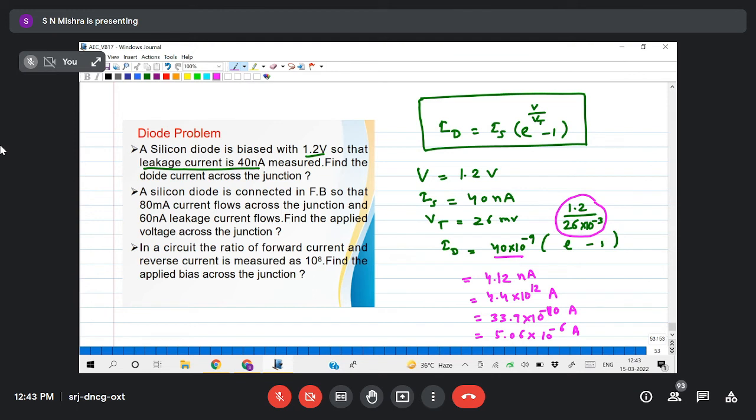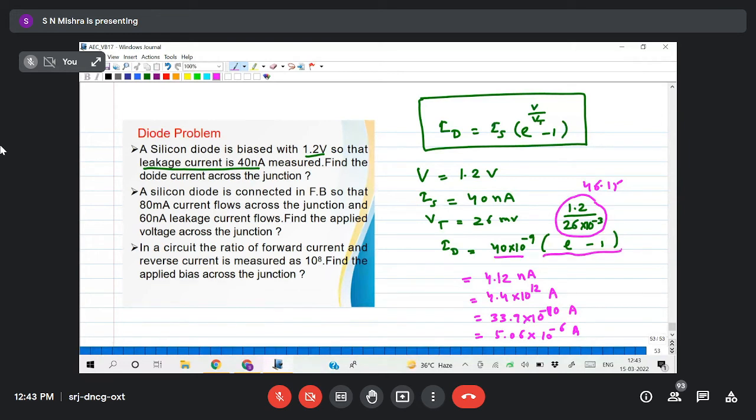Majority of students are getting which result? Let me calculate. 1.2 divided by 26 into 10 to the power minus 3 comes as 56.15. So e to the power answer minus 1.